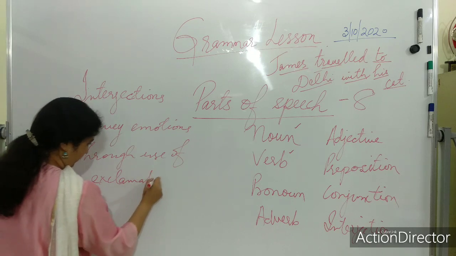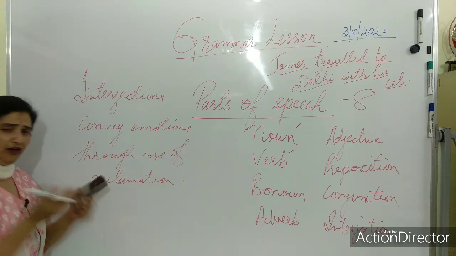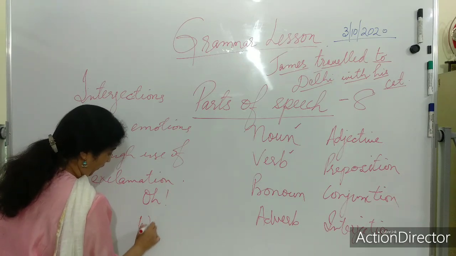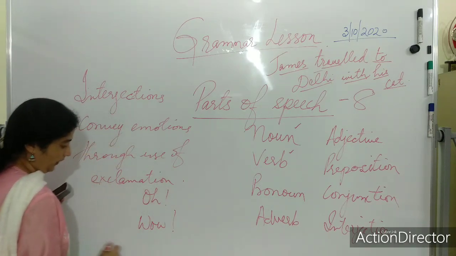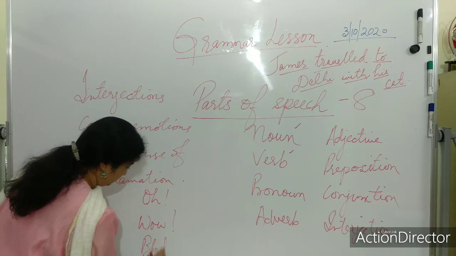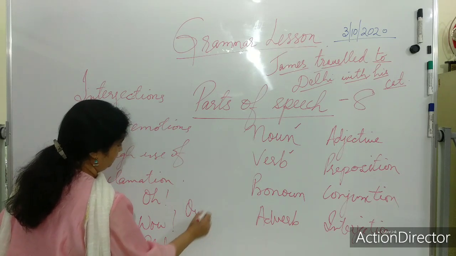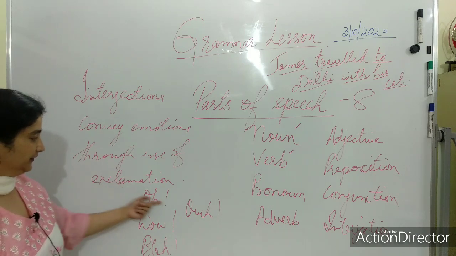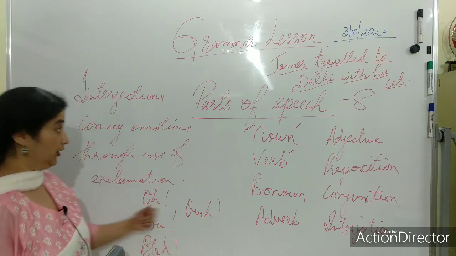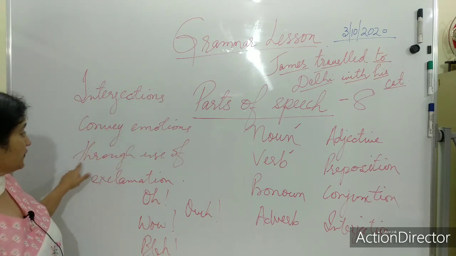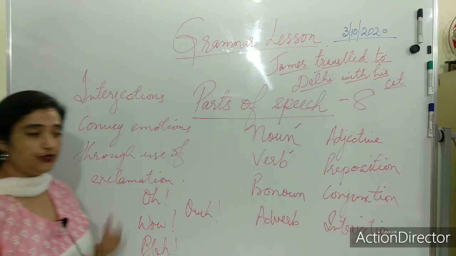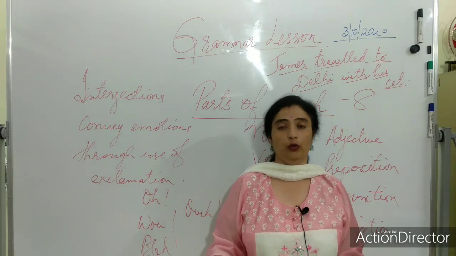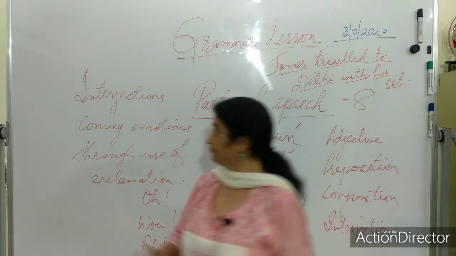The easiest ones to remember without any kind of confusion: oh, wow, ouch. So they will always have an exclamation mark with them, as interjections are used to convey emotions through the use of exclamation.